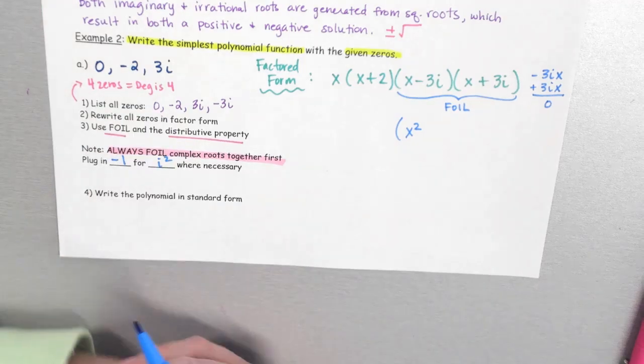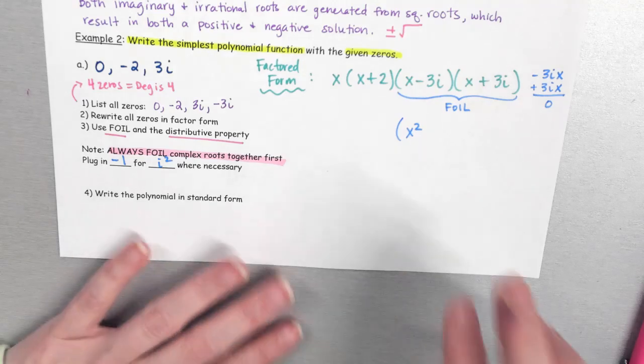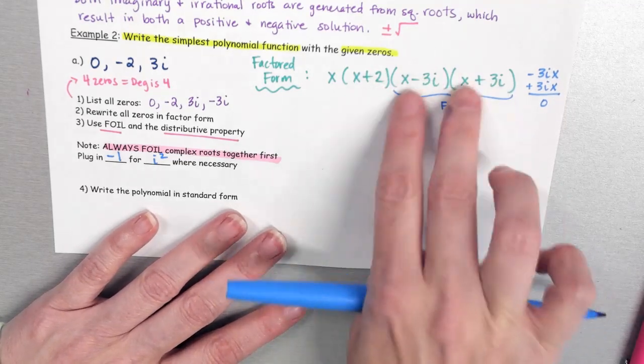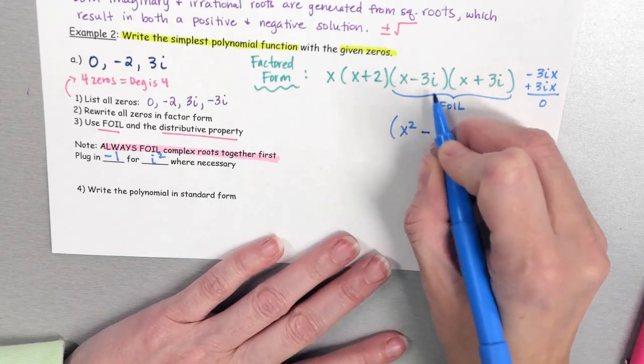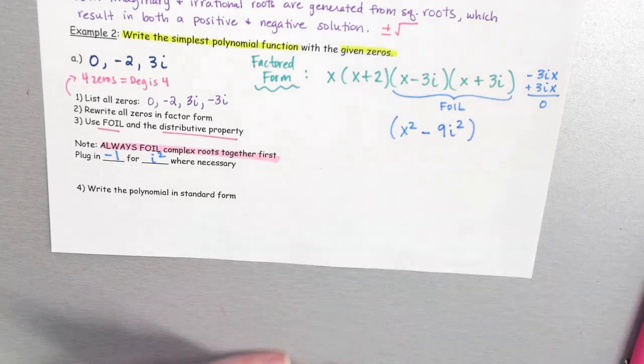So it cancels out. That should always happen. You do not have to write that down. Like I said, it's always going to happen. It's a special pattern because really you have the difference of two perfect squares here, right? So what's going to happen is you have minus negative 3 times 3 is 9, and then you will have i squared.